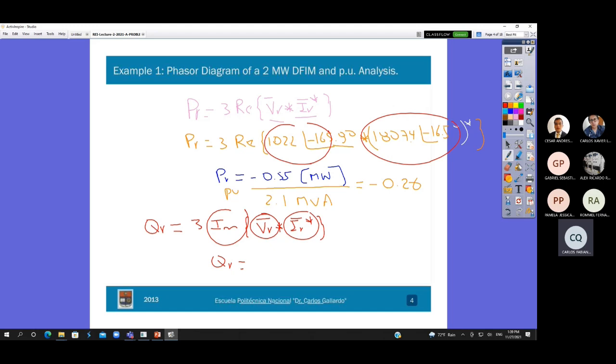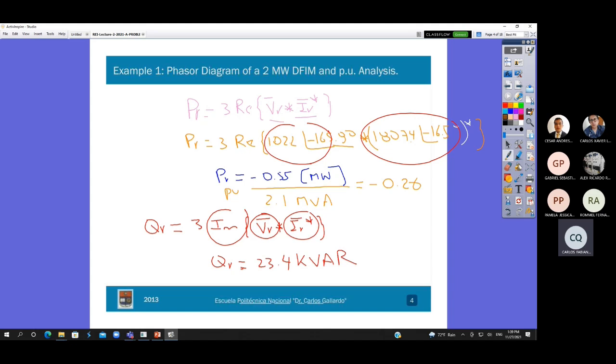So the rotor reactive power is equal to 23.4 kvar. This is the rotor reactive power.